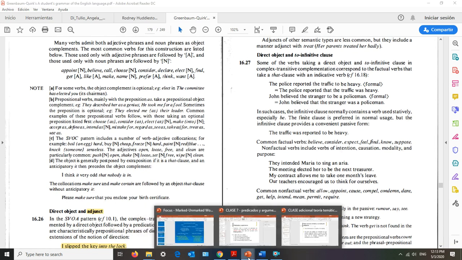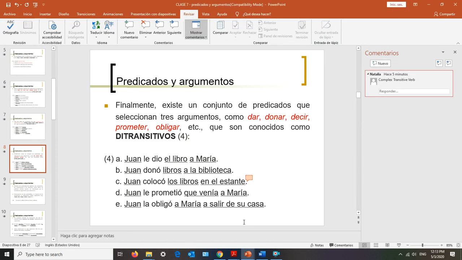This is what we have in English when we say that, for example, Juan put the books on the shelf.